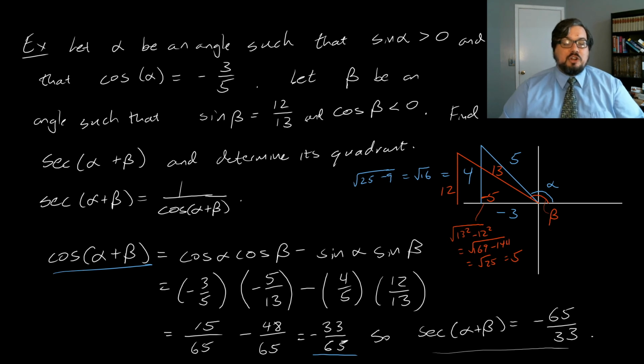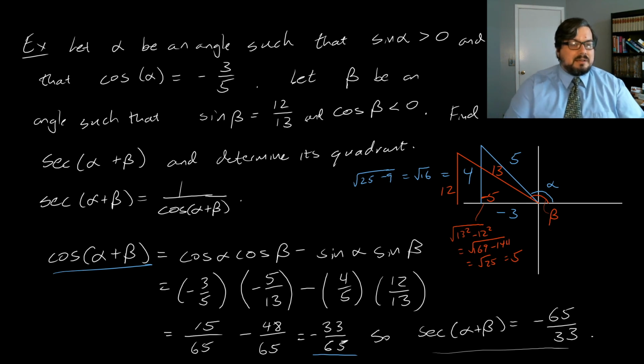In order to determine whether it's in quadrant 2 or in quadrant 3, probably the easiest way to do that is to compute sine of alpha plus beta, and just to see whether it's positive or negative. If it's positive, then that'll tell us that we sit in quadrant 2. If it's negative, that means that we'll sit in quadrant 3.